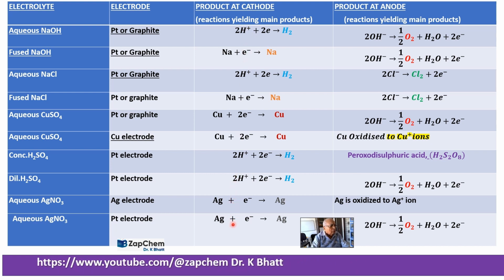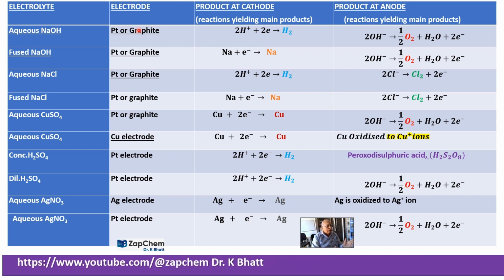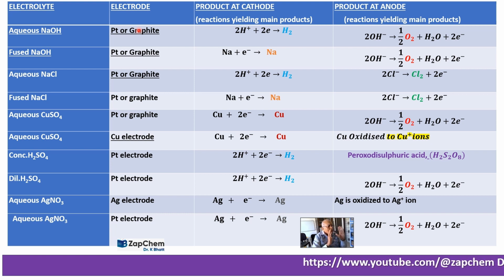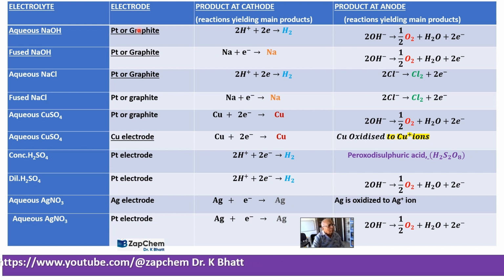We need to understand. Well, there is one more point that has to be considered. That is the type of electrode. It may be an inert electrode like platinum and graphite. They won't react with the cation. The cation will be discharged and would be deposited there. But there might be a reaction at the electrode itself.